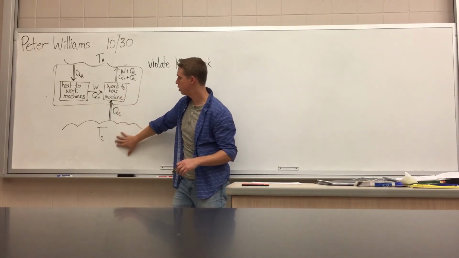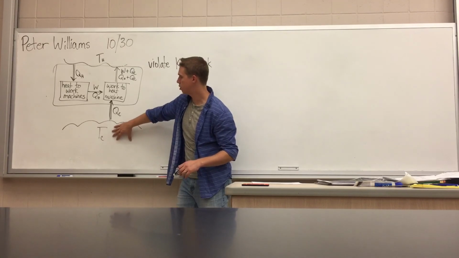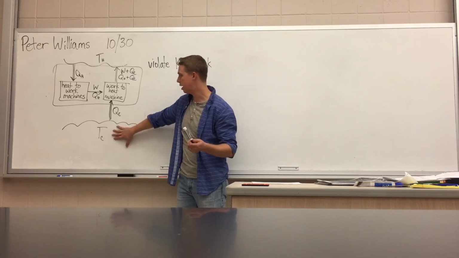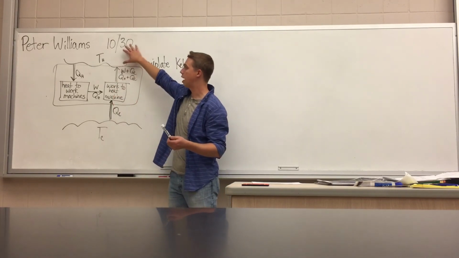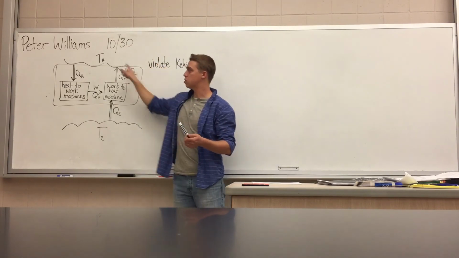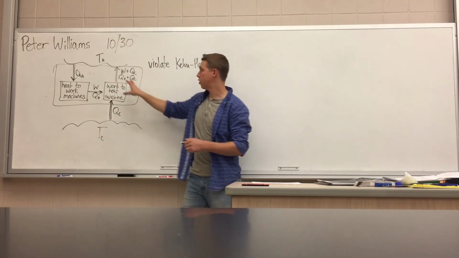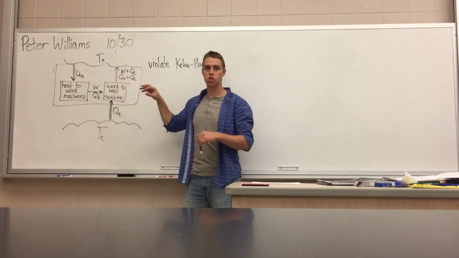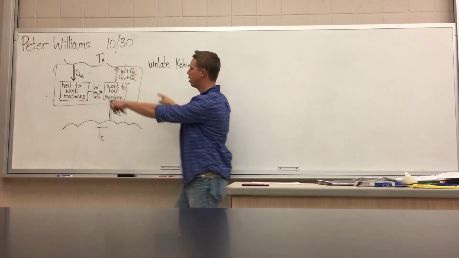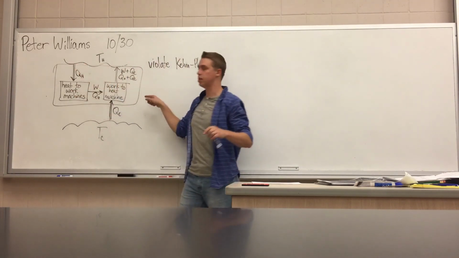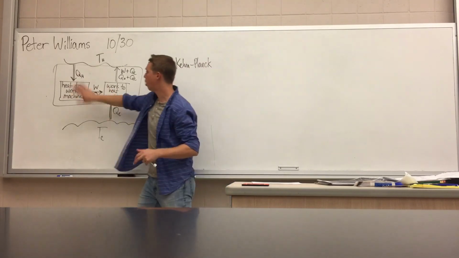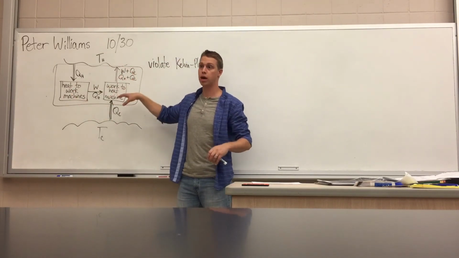You see that? It goes from the cold place, wherever the cold side of our machine is, to the hot place. But there's no work going in. Now, granted, inside here in the inner workings, there's work. But once we've drawn the whole thing and we've considered all of this a machine, you may as well just rub it out and ignore it. It doesn't matter what's going on in there.